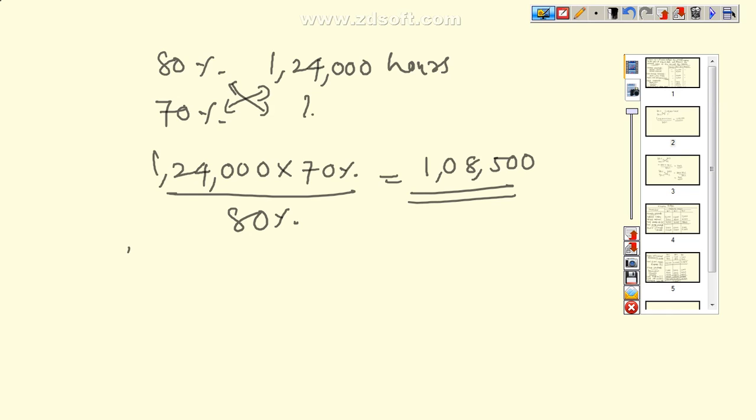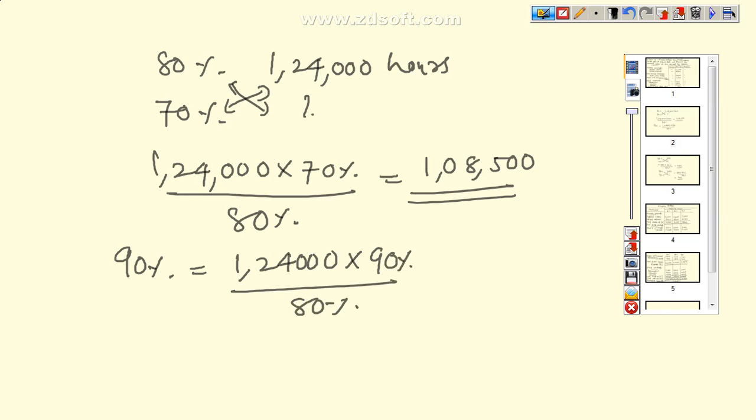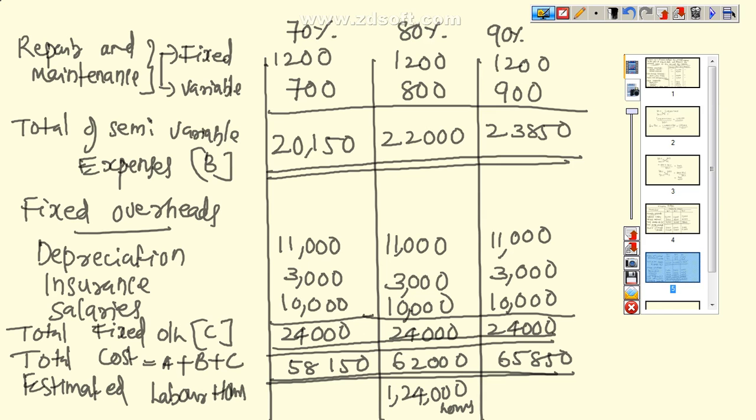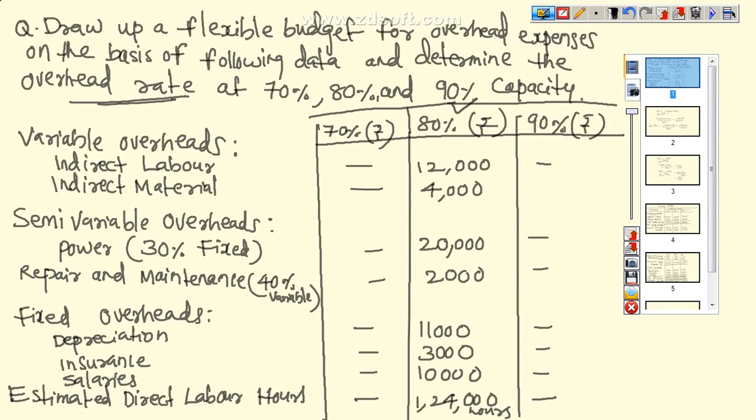And same calculation for 90% capacity, that is equal to 1,24,000 into 90% upon 80%, that is equal to 1,39,500. So we write it in this table. Here we write 1,08,500, and for 90% capacity 1,39,500. So actually we have to calculate the overhead rate.